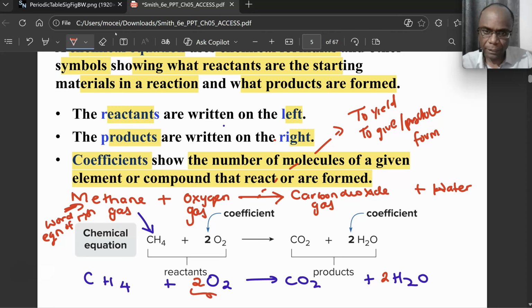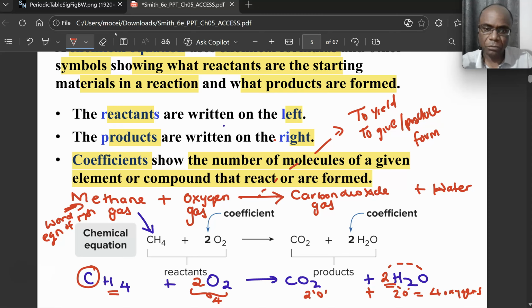Why so? I want to make sure I have 4 oxygens on the right, and if I add on this side, I also have 4 oxygens on the left side. I also want to make sure I have 4 hydrogens and 4 hydrogens. The subscript in the formula must never be changed.